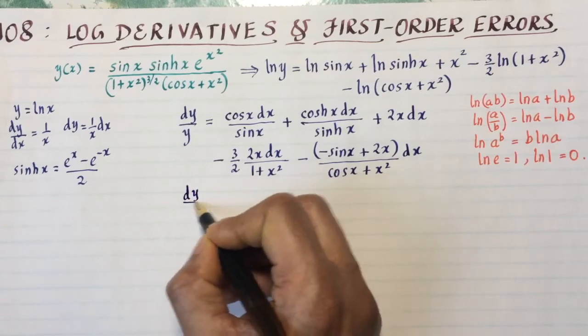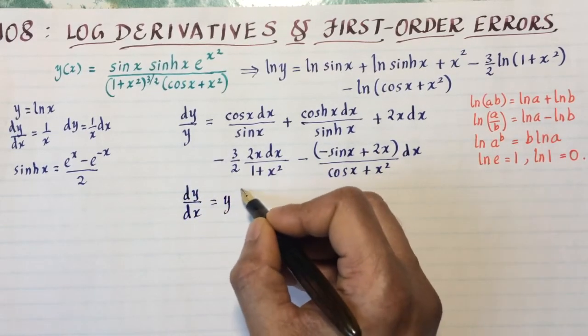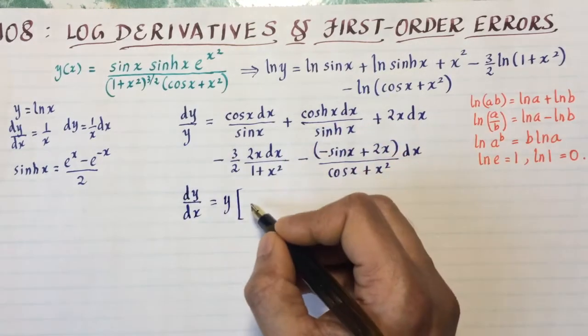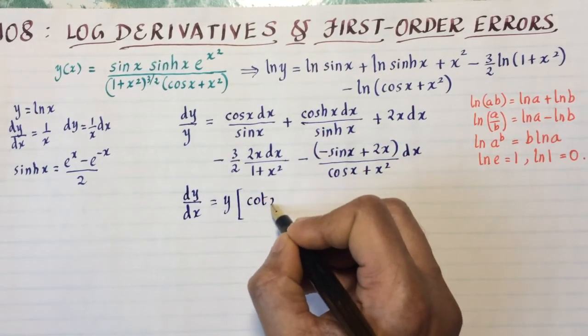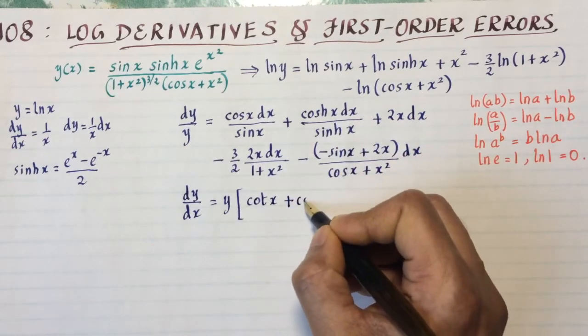So I get dy by dx is equal to y times, now cos over sine is cot, and then cosh over sinh is cot.